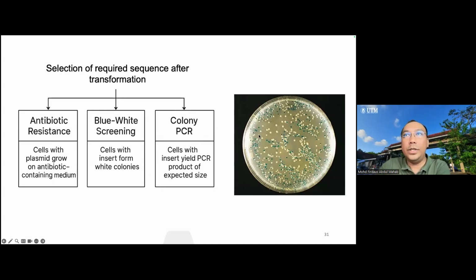So doing a colony PCR to see which of these colonies contains our gene of interest is also possible. So colony PCR is just picking up any colonies that we have here and then extracting the DNA straight away, and then we can send for sequencing to see whether our gene is present inside the plasmid in the host bacteria. So yes, if you are using different hosts like plant cells or mammalian cells, there will be different methods of knowing whether your transformation and recombination is successful.